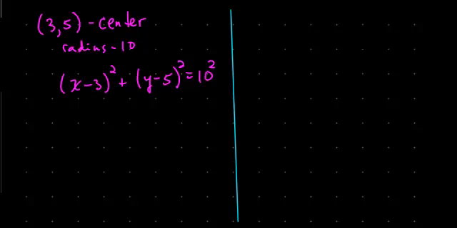Let's say, for example, we're at the point -5, 6, and we have a radius of 6, the first perfect number.